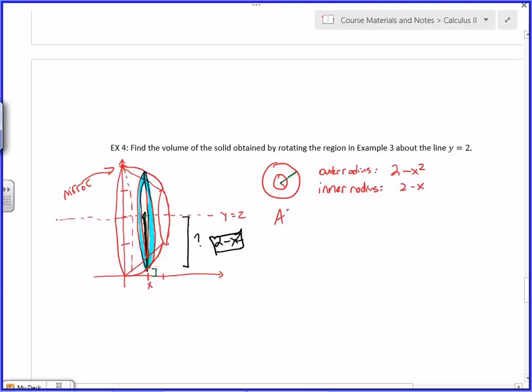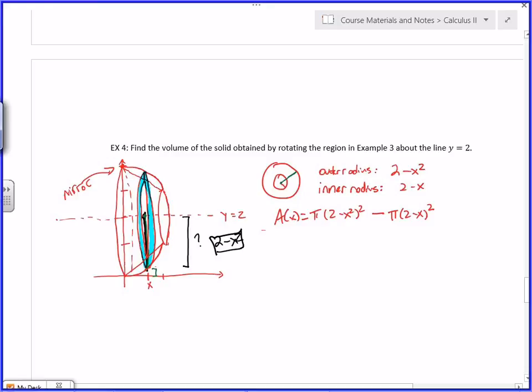Okay, so now the area with respect to x is what? Pi times the outer radius squared, which is 2 minus x squared, quantity squared, minus pi times the inner radius squared.